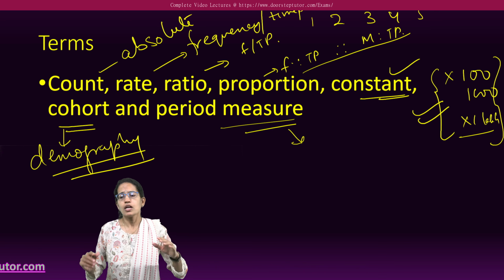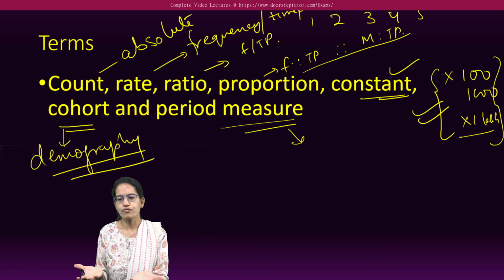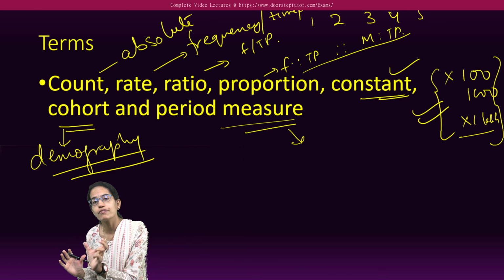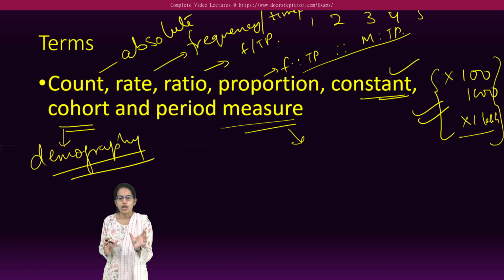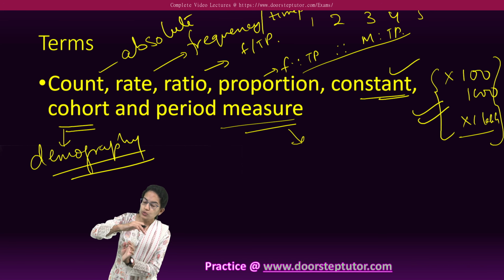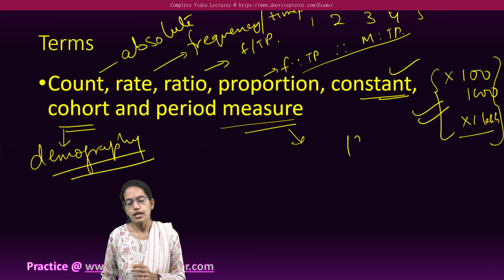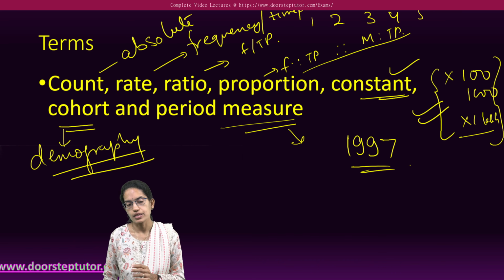And then there is a period measure. Period means it measures the events occurring to all of the population during a given period of time. So, during a given period of time, when things are occurring to the whole population, we call it a period measure. For example, if I say in 1997, there were so many births per thousand, right?